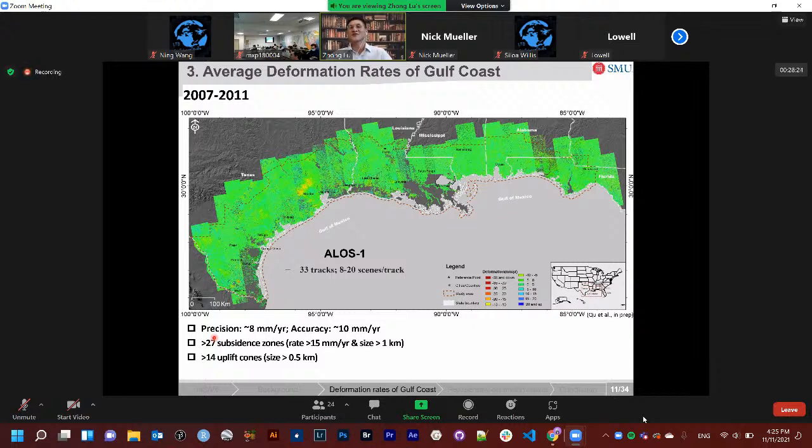This result she gave me a few weeks ago, and if you ask her today, she'd probably say it's already 30, because she's improving the measurements. There are about more than 40 updated cones on this number, and it is fluid as well. It's probably more than that already. But here we put the threshold at about half a kilometer in dimension.